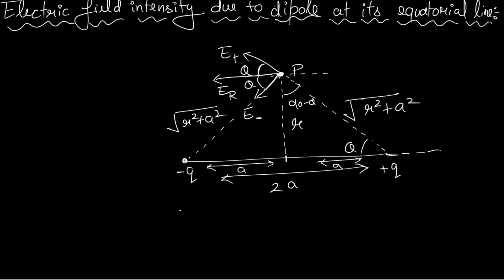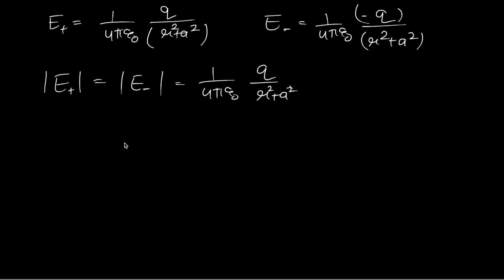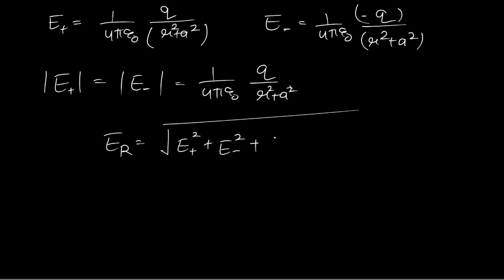Yes, and then I simply write the equation. The E_R magnitude comes out to be the under root of E positive square plus E negative square plus 2 E positive E negative cos 2 theta.